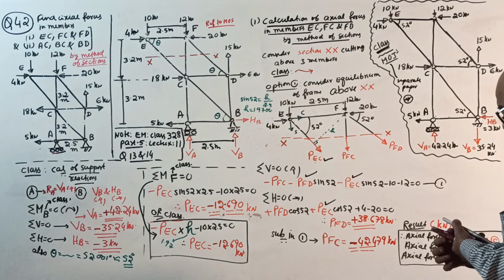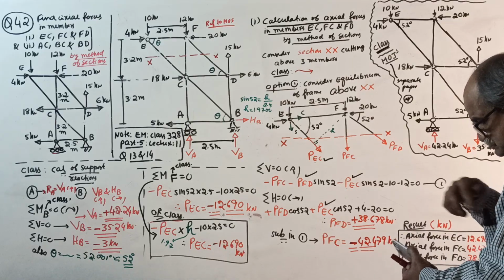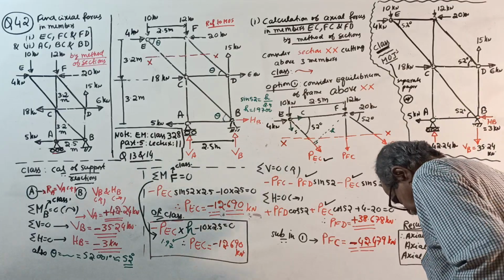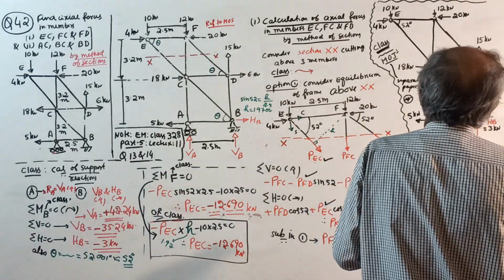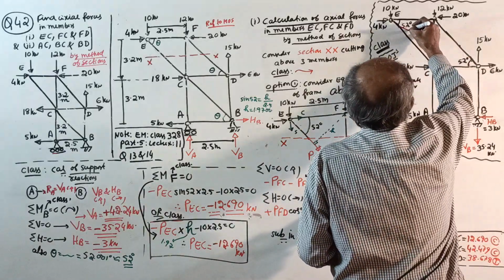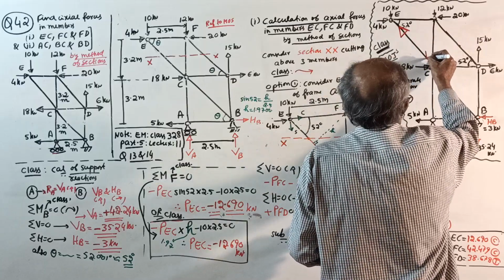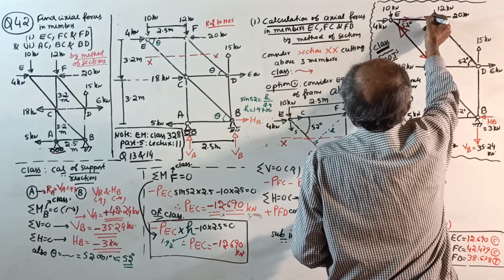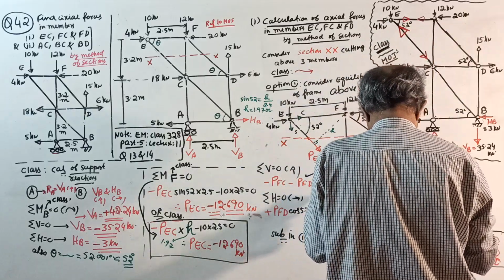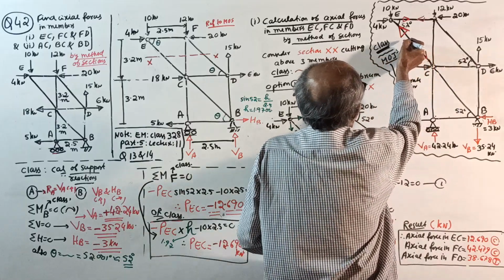Okay, now I will solve by the method of joints. Only red color. Oh, the mic is giving problem. Okay. .690.